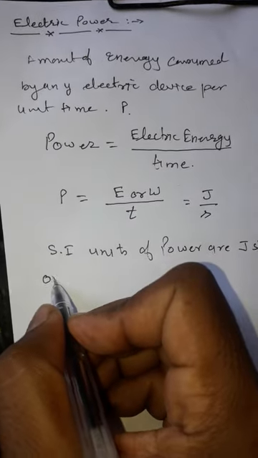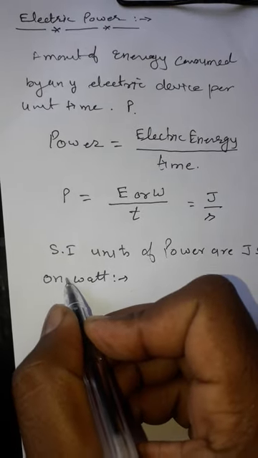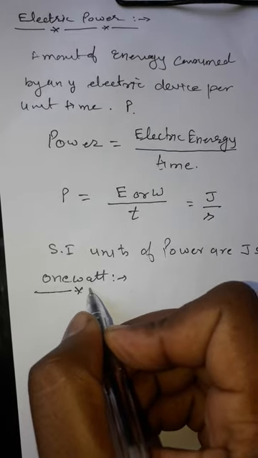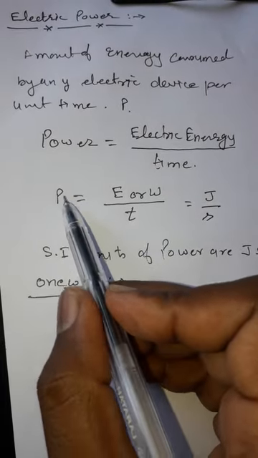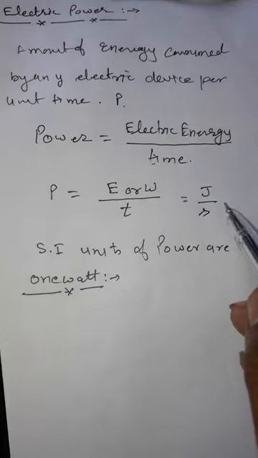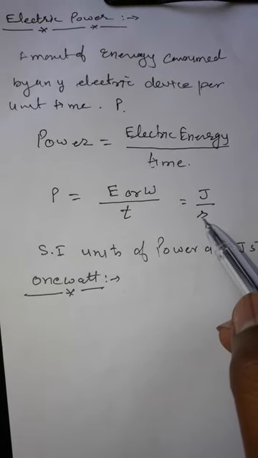So what is 1 watt? From this expression, power is said to be 1 watt if 1 joule of energy is consumed in 1 second.